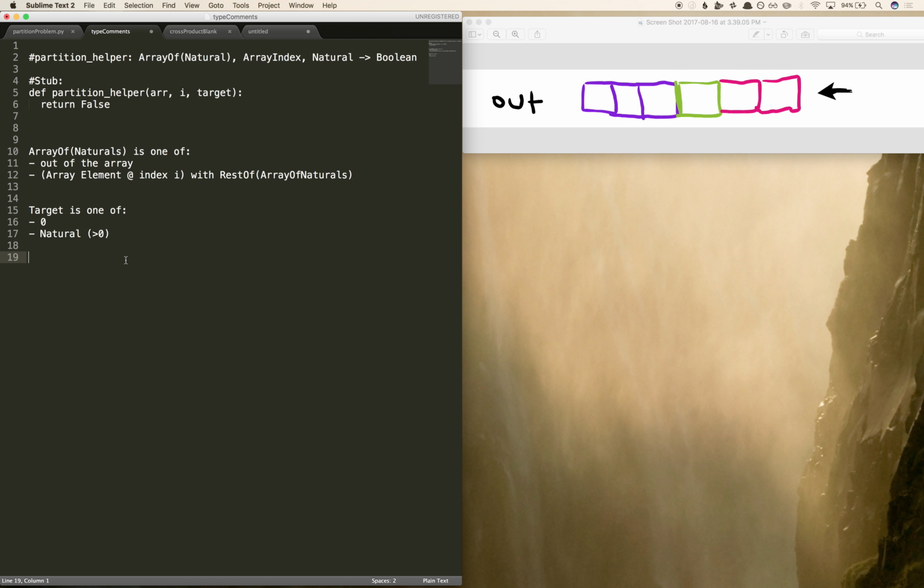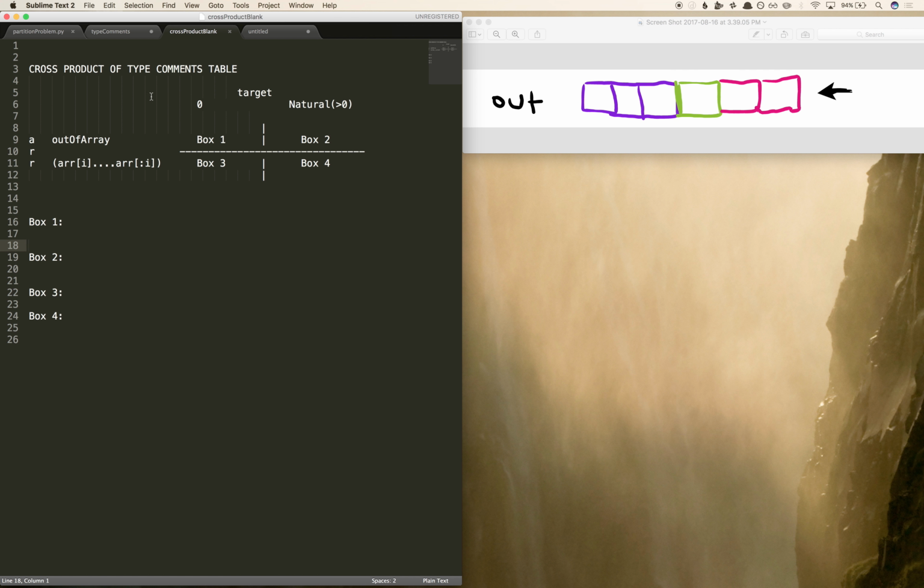Now we're looking at it as a map. We see that our array can be written like this in line 10, and our target can be written like this. And we're going to use the interaction of these two high-level views to figure out how to code our function. So we could rewrite this as a cross product of type comment tables.